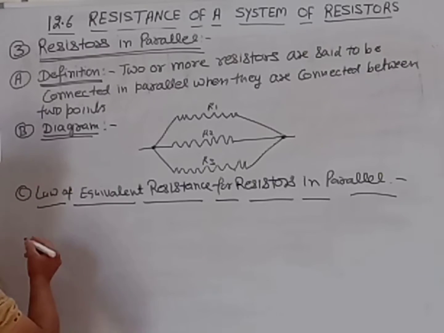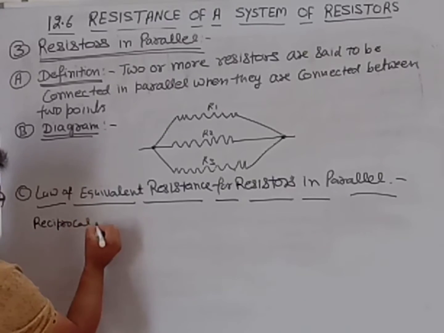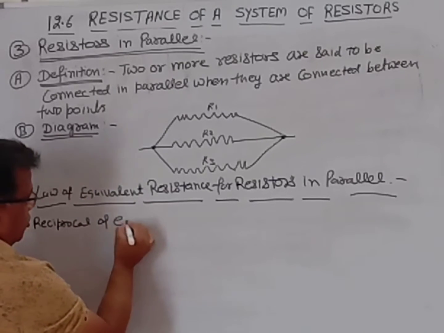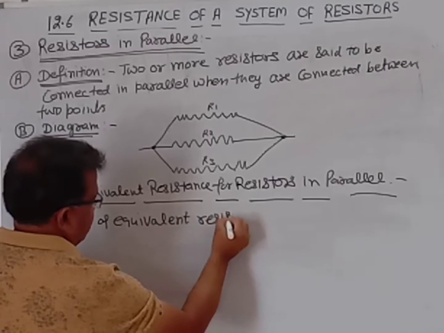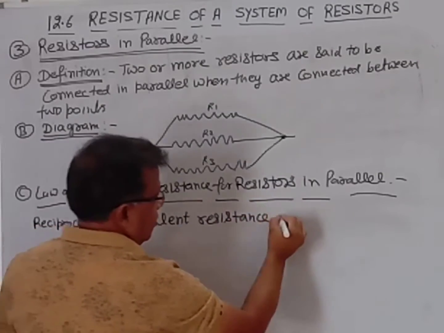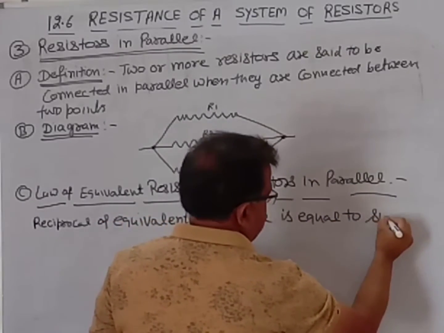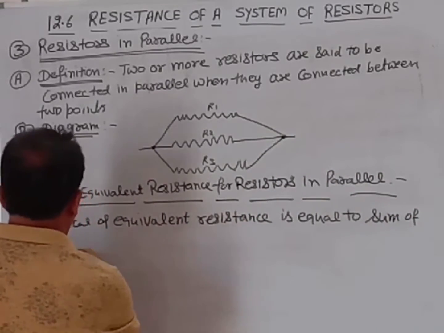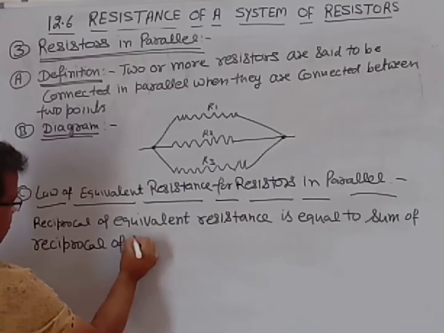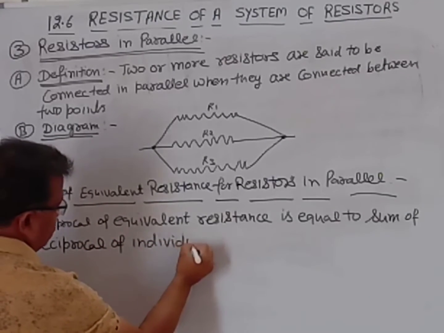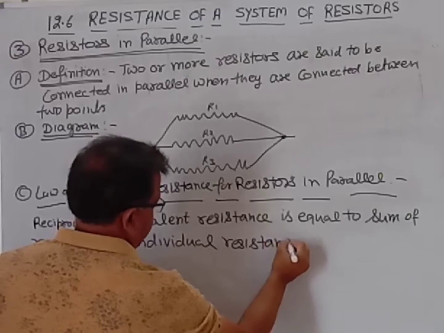The law is that the reciprocal of equivalent resistance is equal to the sum of the reciprocals of the individual resistances.